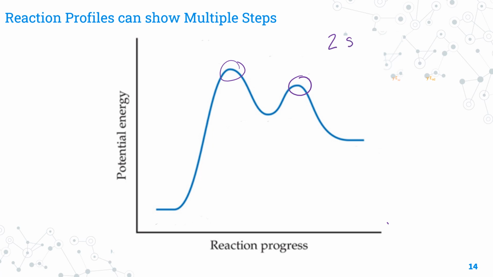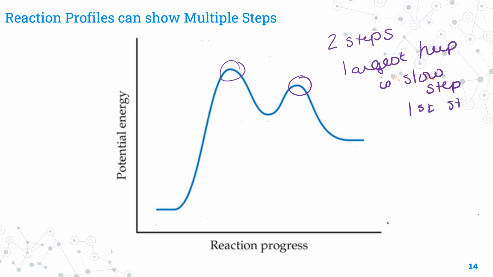So this reaction is 2 steps. The largest hump is the slow step. So this means our first step is slow.